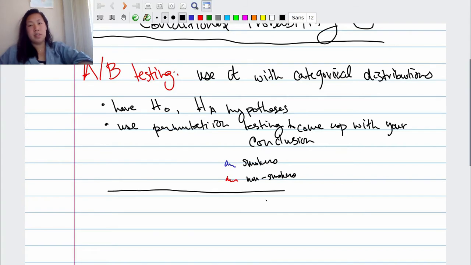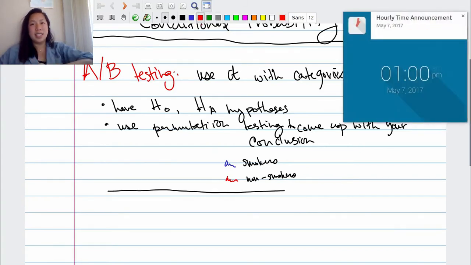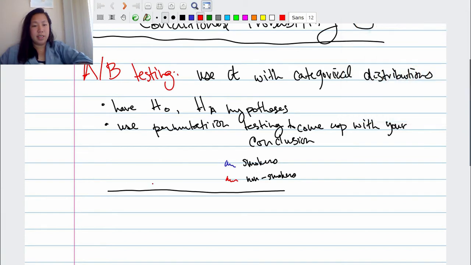We're going to prove that there's some difference in the distribution of birth weights between smokers and non-smokers. Non-smokers generally have a higher birth weight, and smokers generally have a lower one.